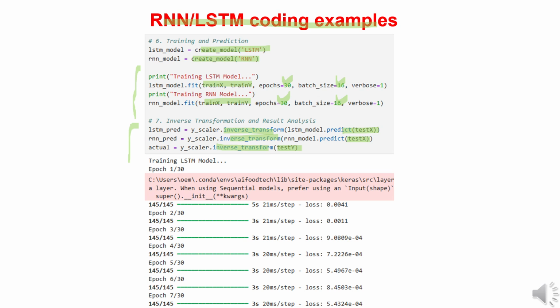Through this process, we can compare and analyze how RNN and LSTM differ in their performance on cabbage price time series prediction. In addition, during model training, we can observe that the loss value gradually decreases as the number of epochs increases, indicating that the models are learning effectively.